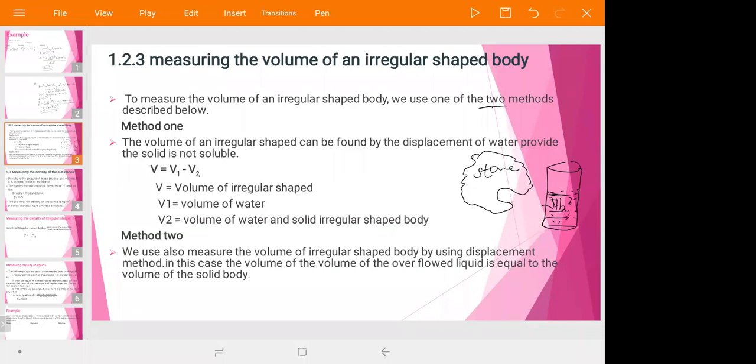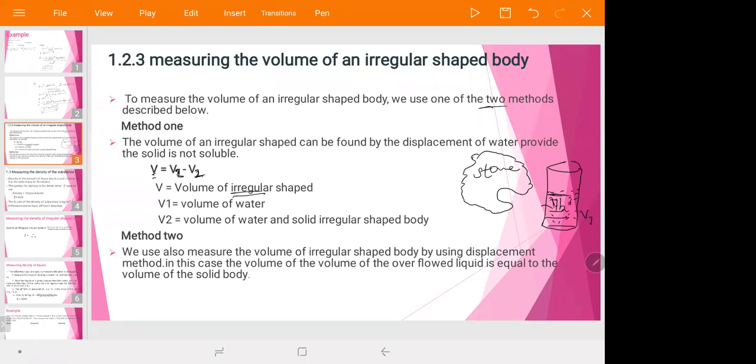Therefore, the first one, for example, you can say this one is volume 1. After you add this one, you denote it as volume 2. So the volume is volume 2 minus volume 1. When you talk about this equation, V is the volume of the irregular shaped body or solid.